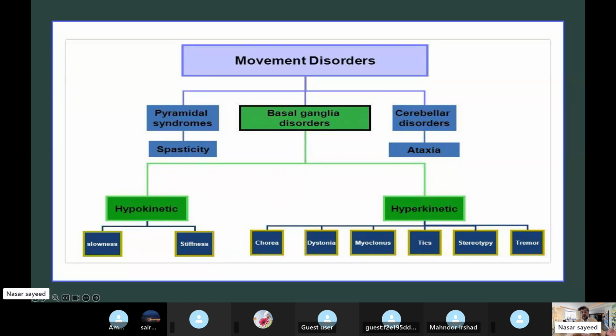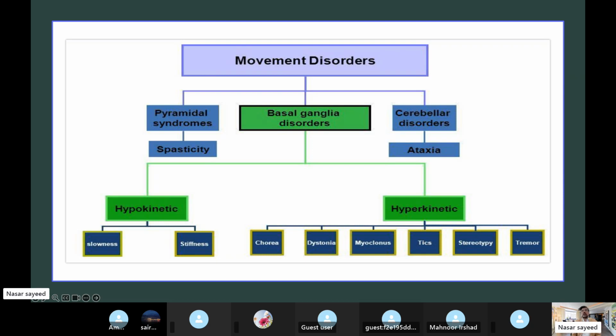And we know that these three structures, we have to assess them when we are examining a psychiatry patient. So always remember, the movement disorders are only because of the three main regions of the brain: basal ganglia, pyramidal, and cerebellum. And when you are examining the patient for neurological assessment, you have to assess all of these three. You will assess the pyramidal system, the basal ganglia, and cerebellum.